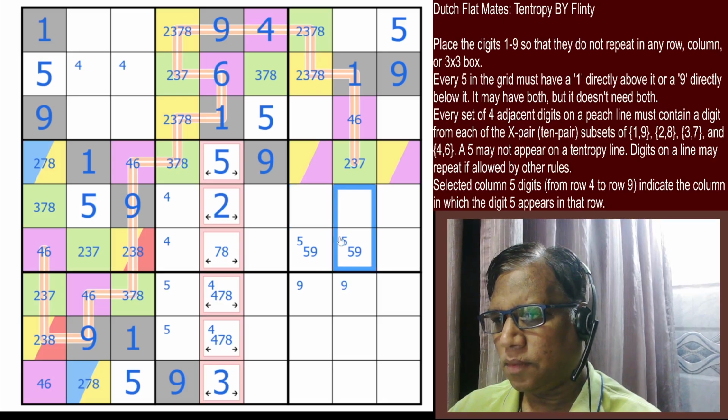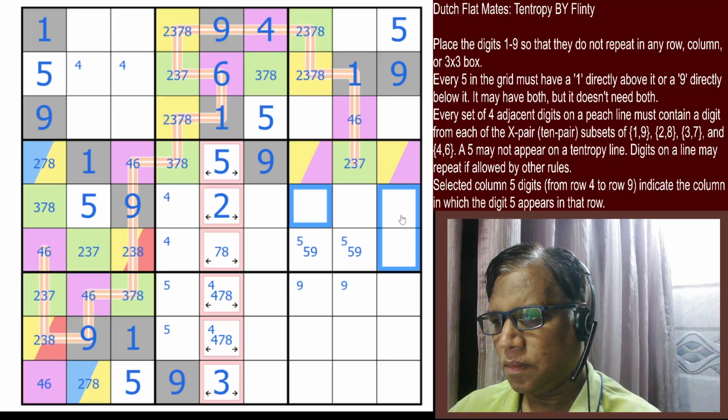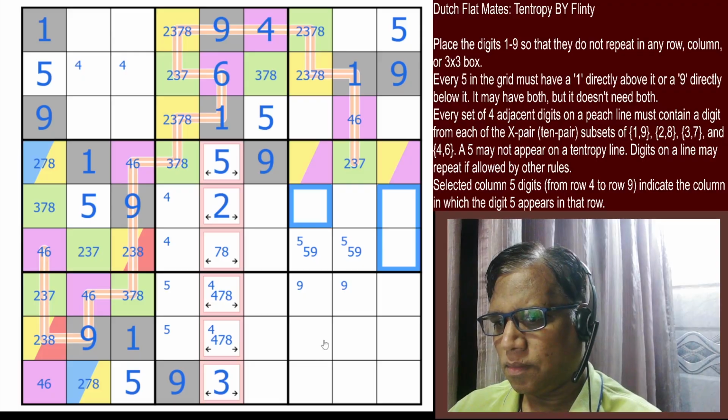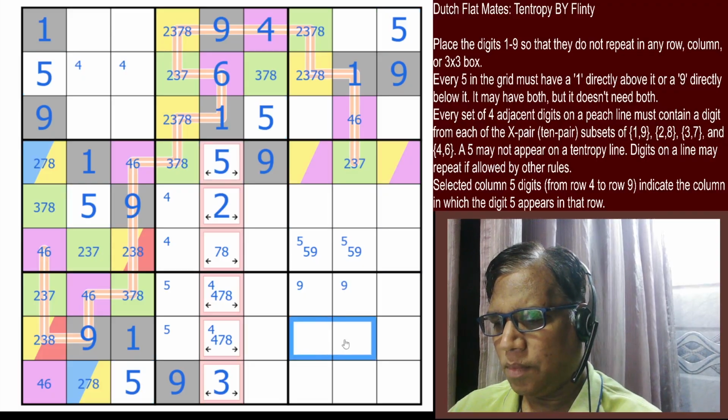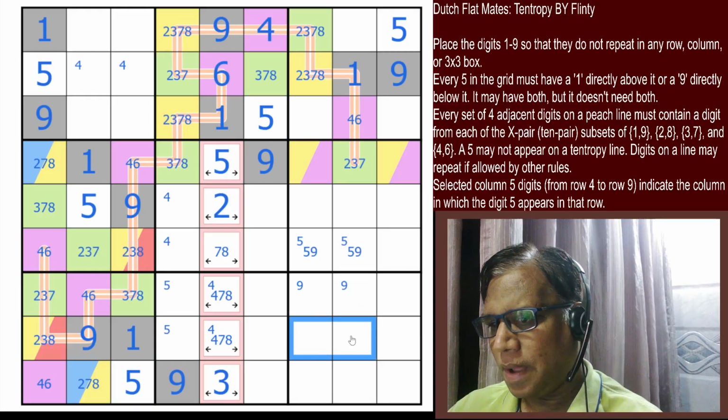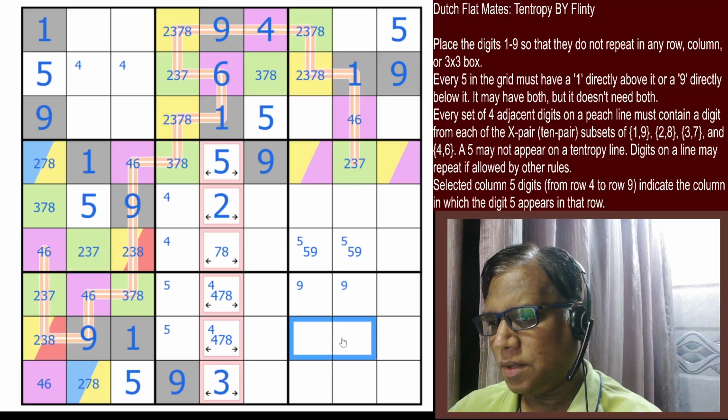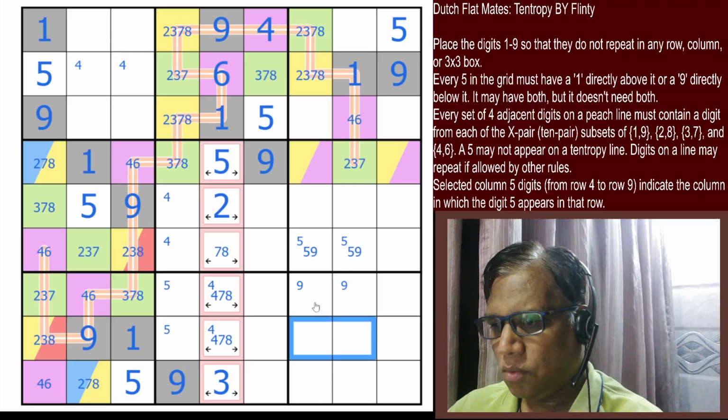So 1 is not here. 1 could be here, here, or here. Where is 5 here now? That can't be 1. 5 is here, right? Yeah, 5 cannot be here now, right? There is no way 5 here. No, that could be 1, right?